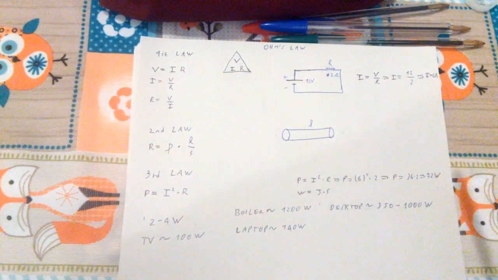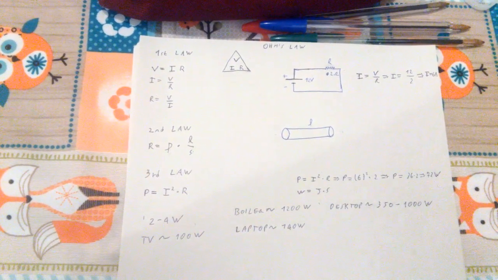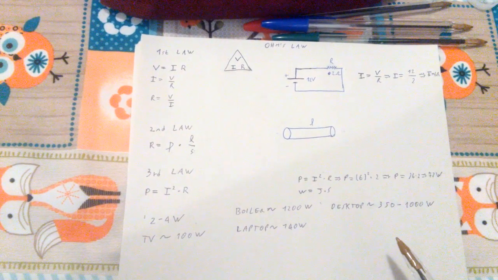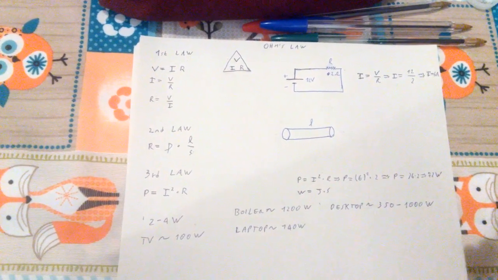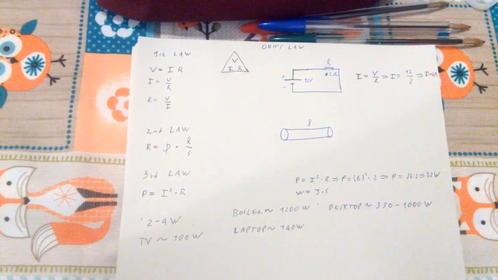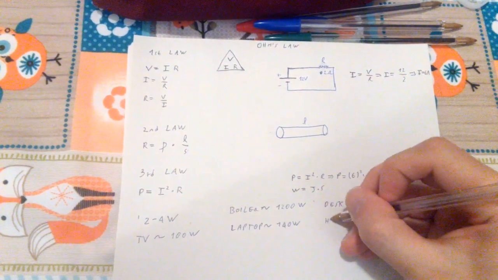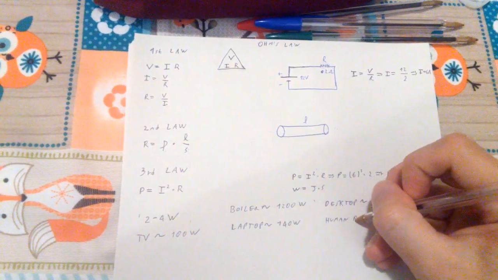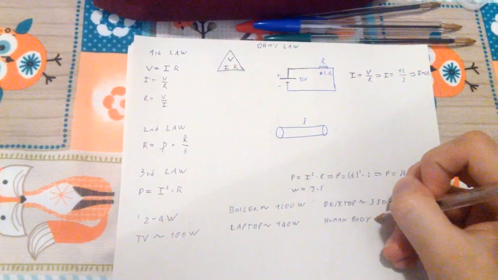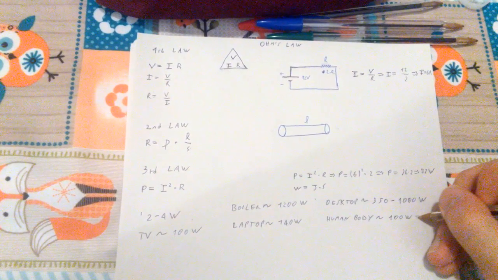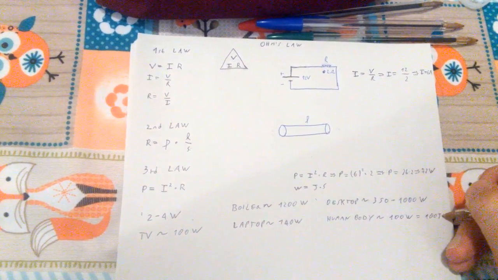Joules per second is something that you measure in terms of heat. And you may be wondering if you can relate this to the human body. And yes, you can. The human body, about 100 watts. So basically 100 joules per second.